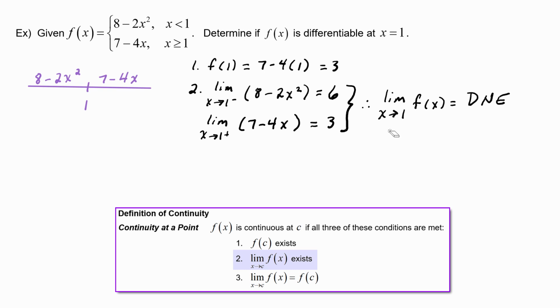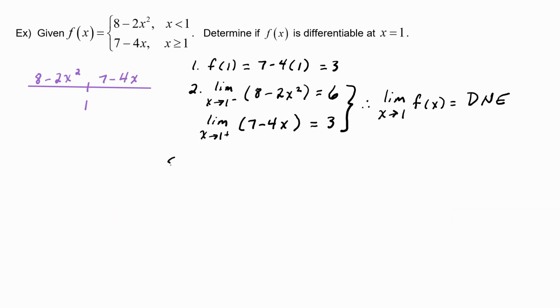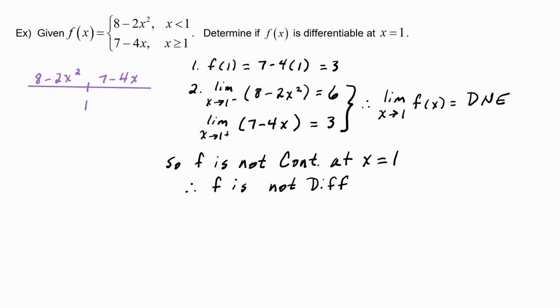Since the limit as x approaches 1 of f of x does not exist, we know f is not continuous at x equals 1. Therefore, f is also not differentiable at x equals 1.